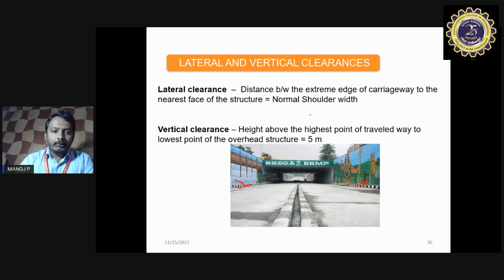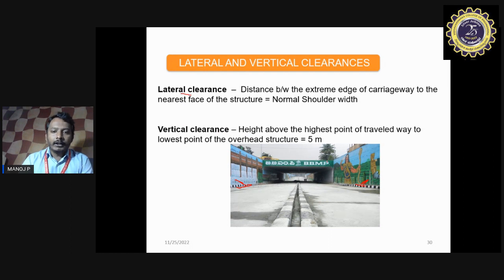Lateral clearance: distance between the extreme edge of the carriageway to the nearest face of the structure. Shoulder or also footpath, they are known as the lateral clearance.